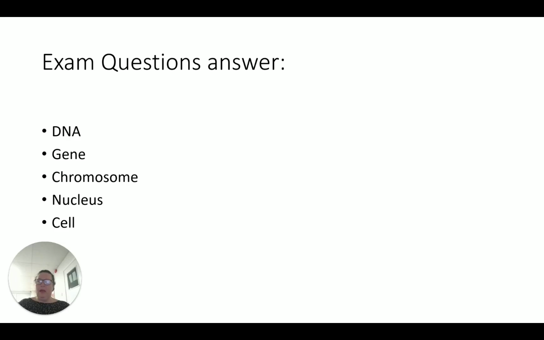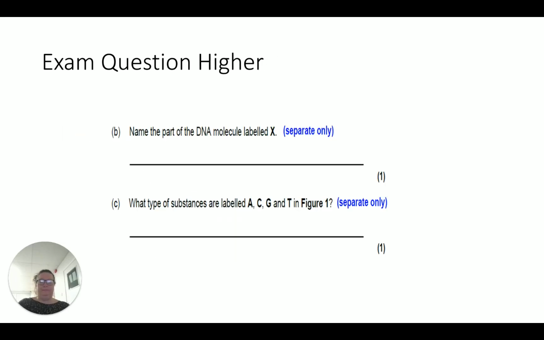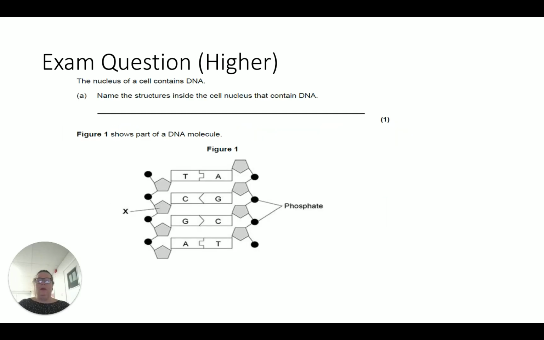Right, we now have an exam question. Okay, so you should instantly, if you saw this exam question, recognise this here as a piece of DNA. Hopefully. What gives it away is the T and A and the C and G. So, the nucleus of a cell contains DNA.